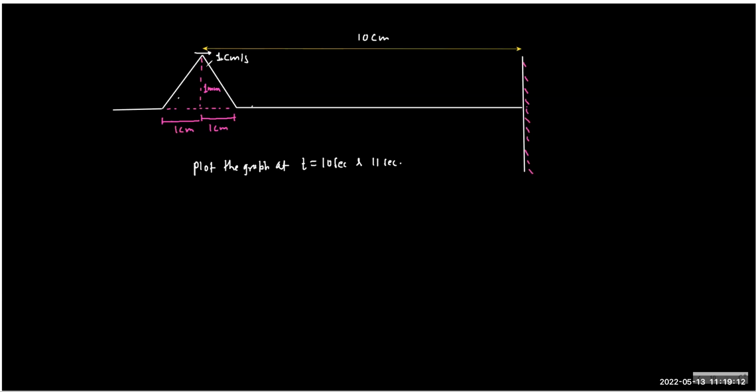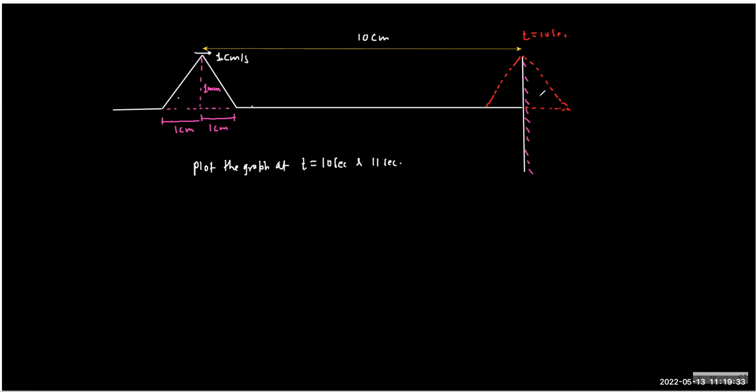So at 10 seconds, imagine there is no wall. And if you imagine there is no wall, the peak will be like this, correct? So at 10 seconds, the peak will be here, isn't it? Yes, sir.